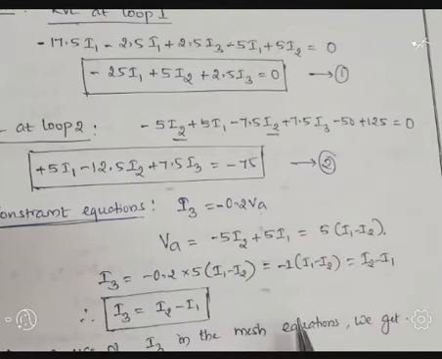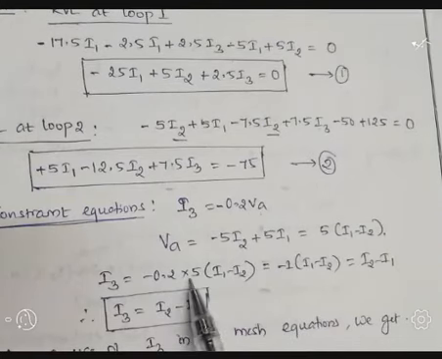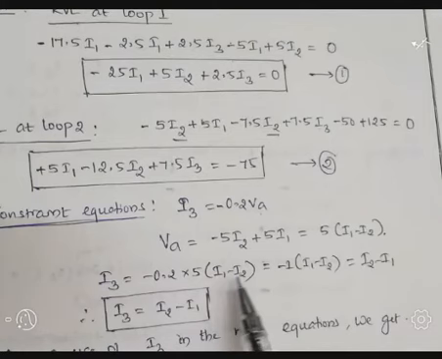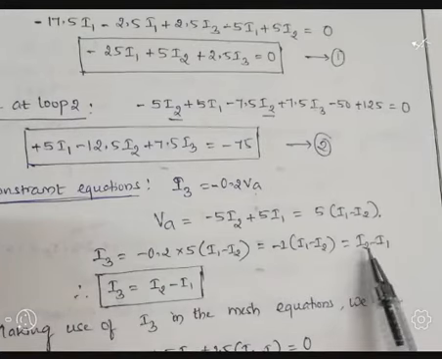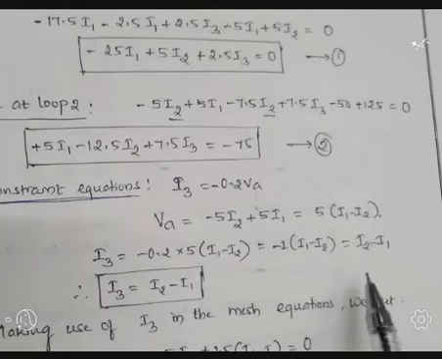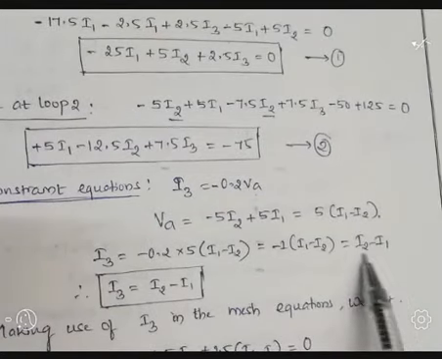So wherever VA is there, we have to substitute this value. Next, I3 equal to 0.2 VA, substitute this value, 0.2 multiplied by 5 into the bracket I1 minus I2. Do the simplification, we are getting the final expression, that is I3 equal to I2 minus I1.